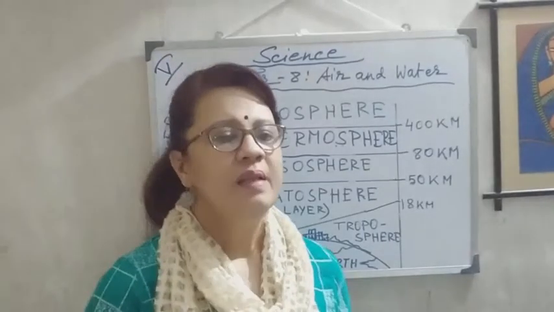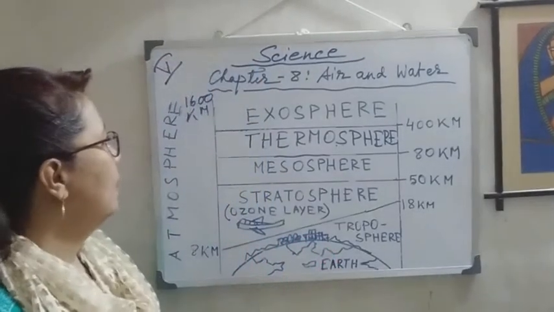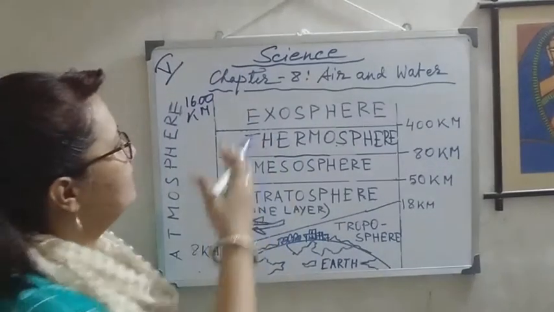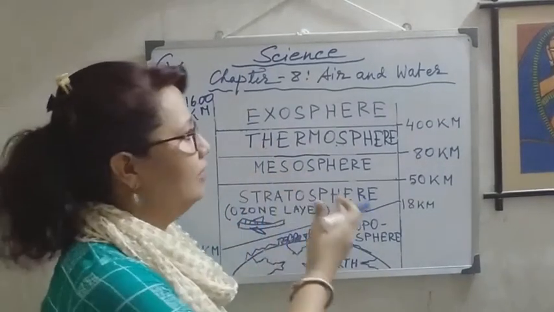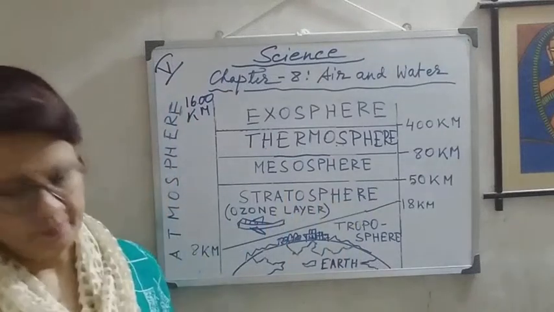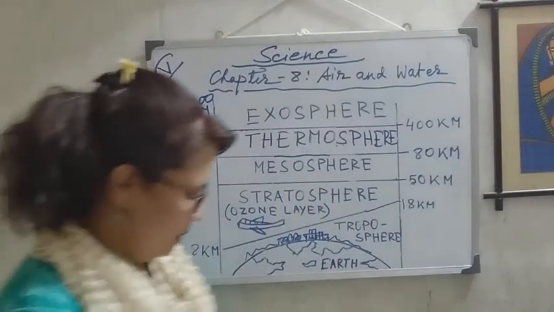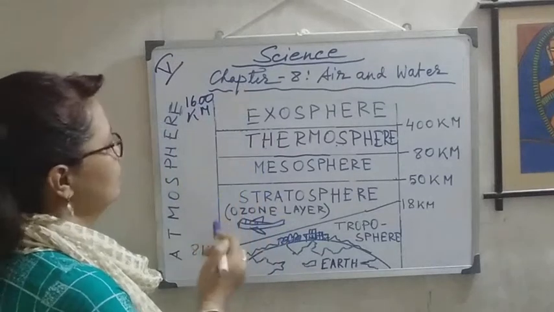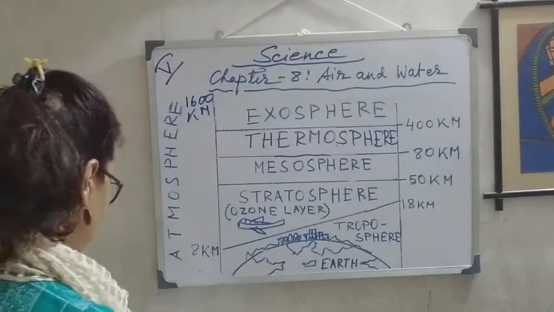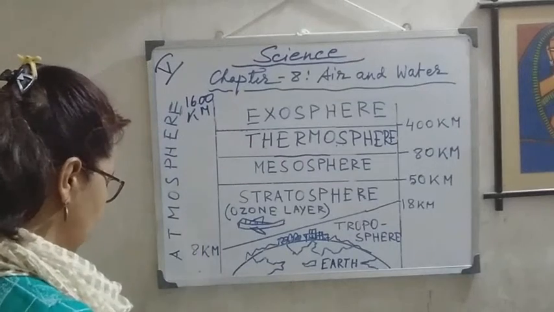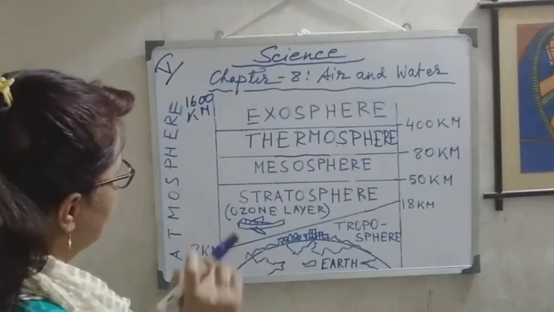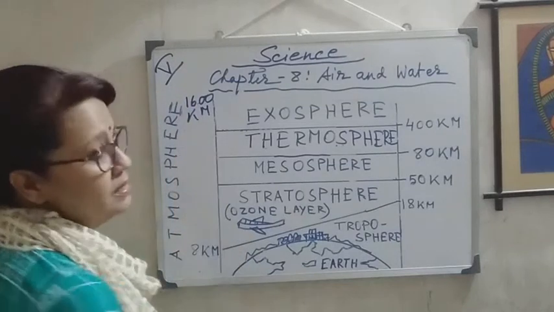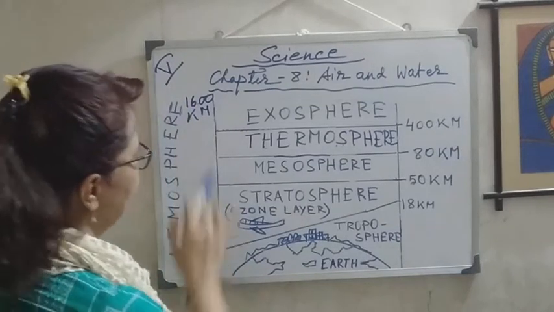And you know, the atmosphere, the layer of air that surrounds the Earth, is divided into 5 divisions. The atmosphere extends up to 1,600 kilometers above the Earth's surface.